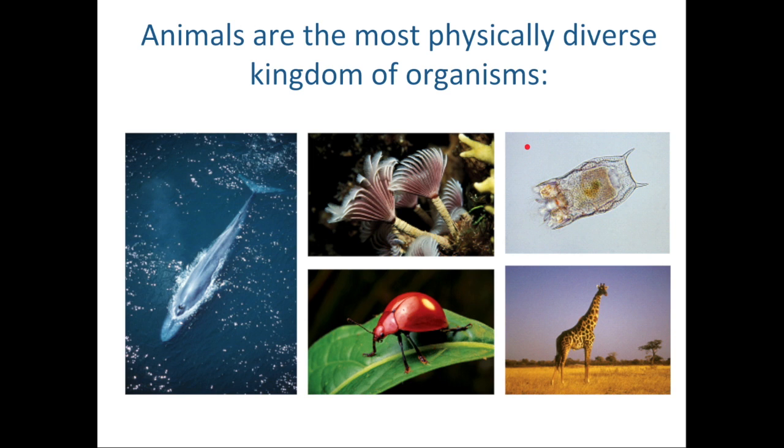So, how do we classify all these animals? When we're looking at classification, another thing we might ask is animals as a classification, as a kingdom, is that going to stay like that forever? Are we always going to have animals as one big class?